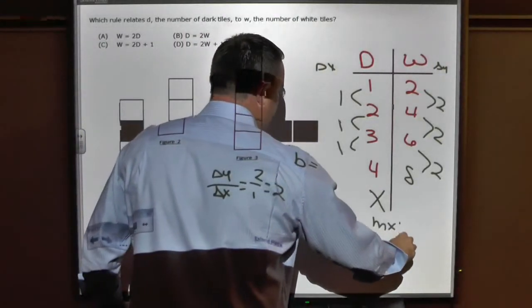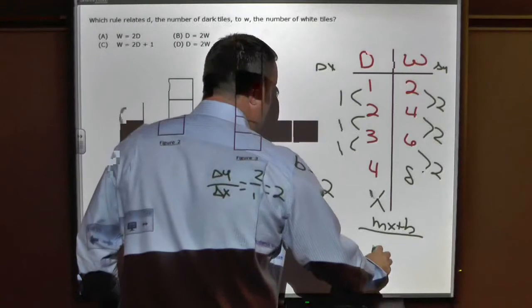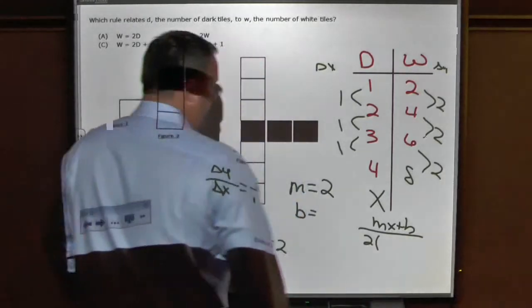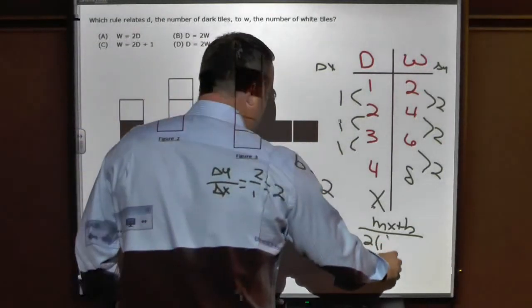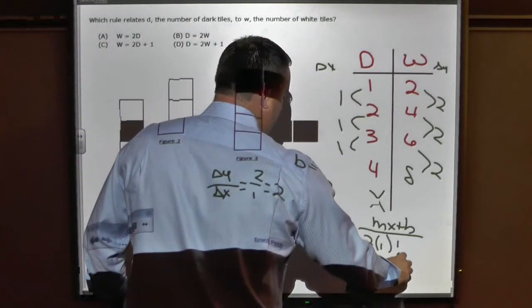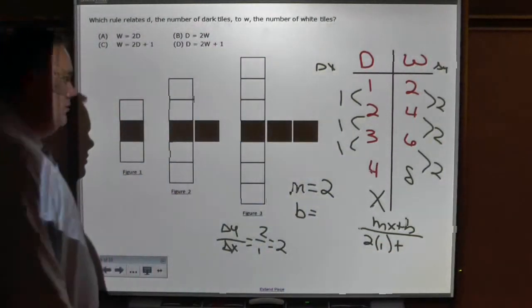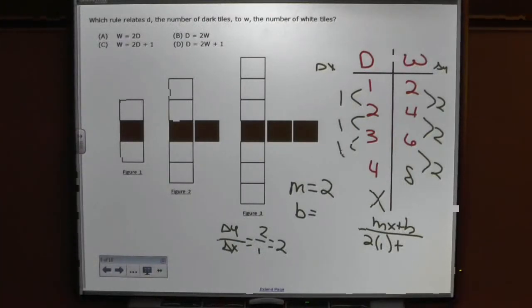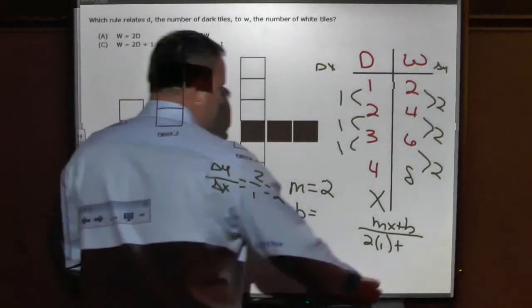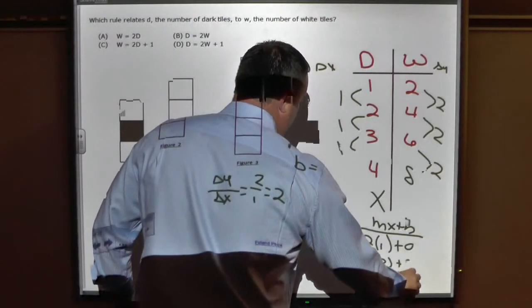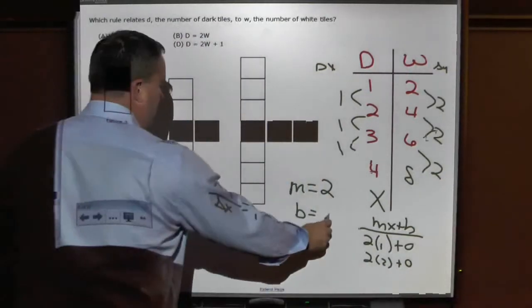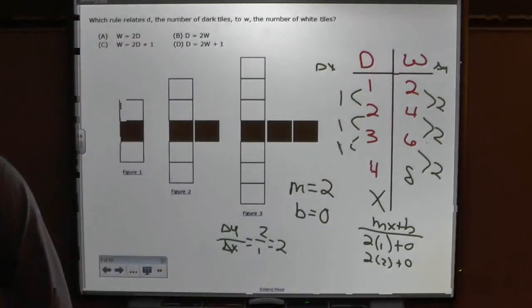So with mx plus b, that's your process. 2 for the rate of change times the value of x, so 1, plus something has to give you 2. Well, what's 2 times 1? 2. So you don't have to add anything on. All right, if you do it for the next one, 2 times 2 gives you 4. Well, you don't have to add anything on there, so your constant is 0.